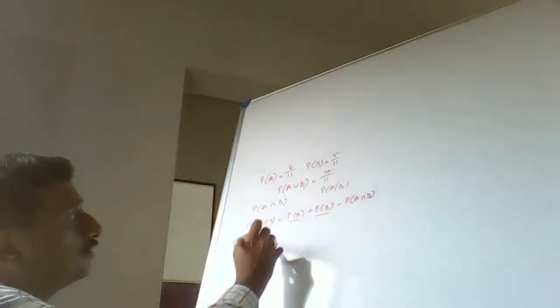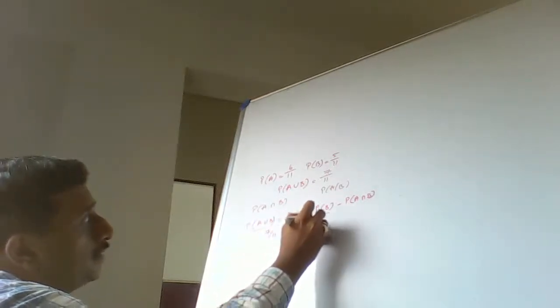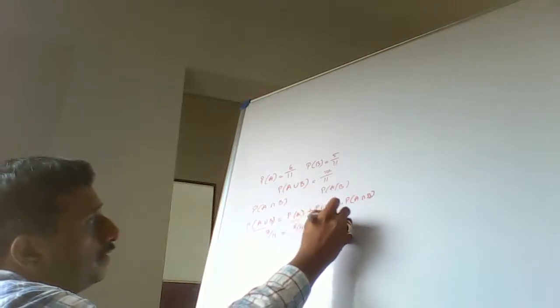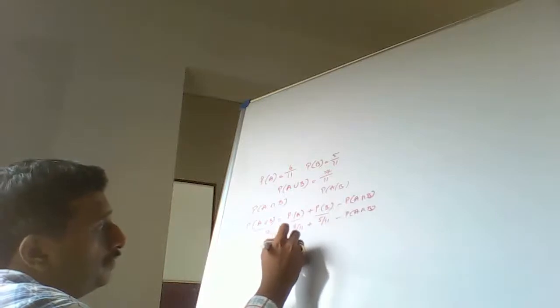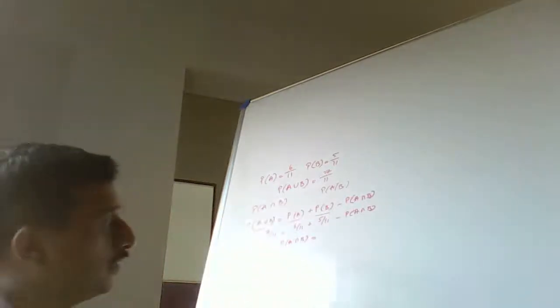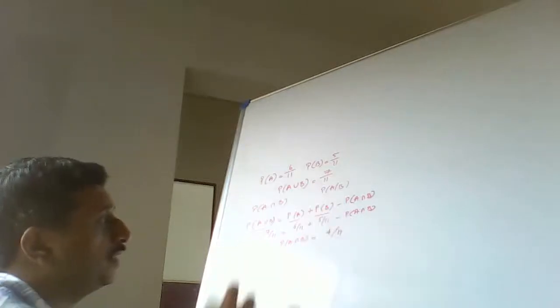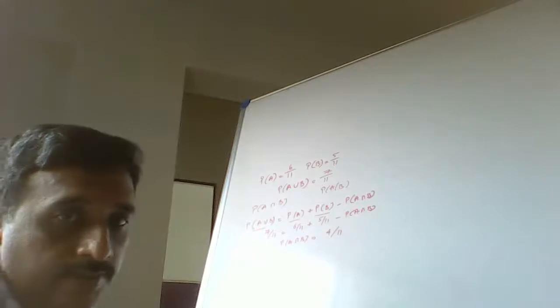Substituting these values, 7 by 11, this is 6 by 11, and this is 5 by 11. I want P of A intersection B, so I get this as 4 by 11. Okay, so this is done.